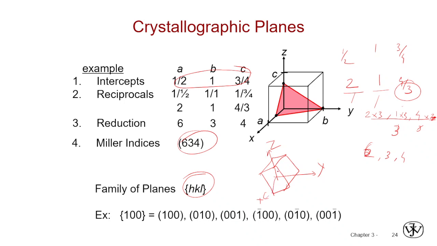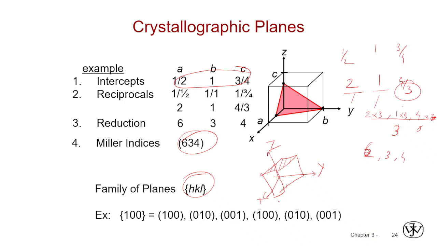It will be 0 1 0 in the y direction, this way. So this is 0 1 0. And then 0 0 1 will be over here.